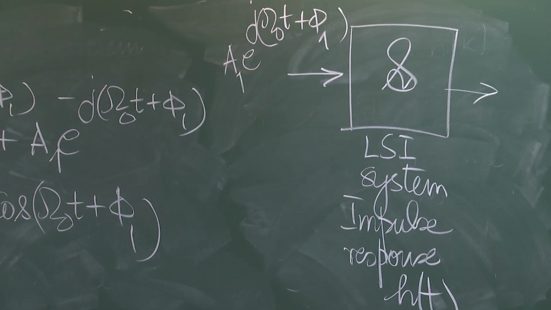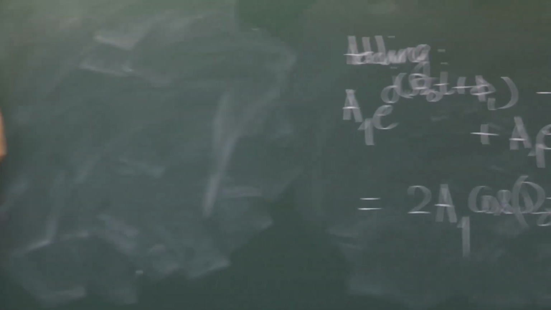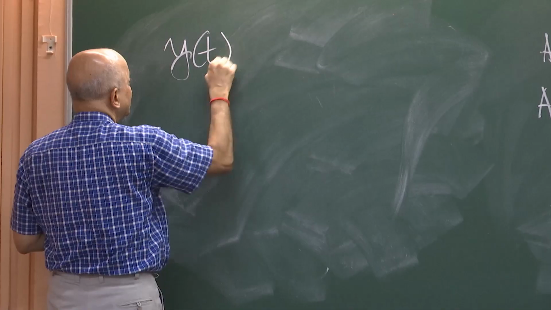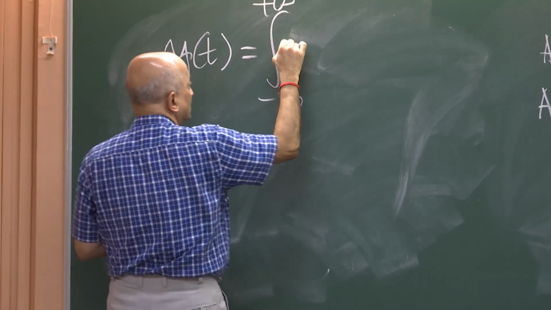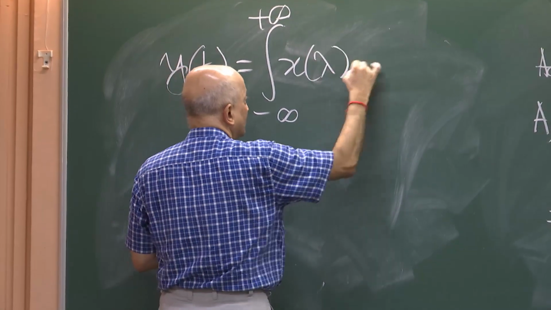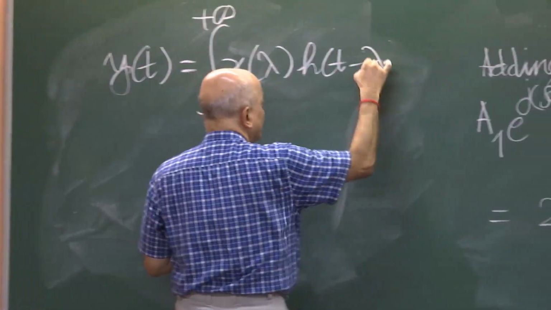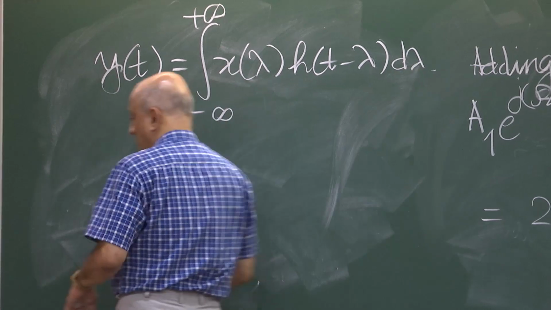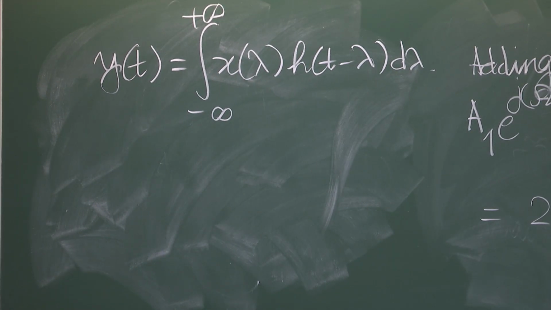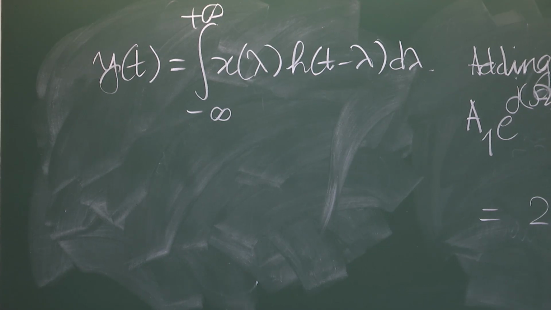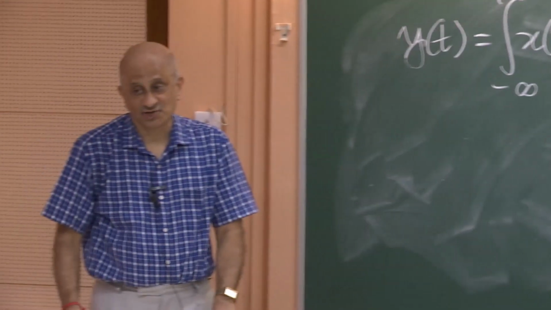So, you see, we wrote the input-output relationship in a linear shift invariant system like this. Let's establish a basic property of convolution which allows you to commute the two functions involved, right.